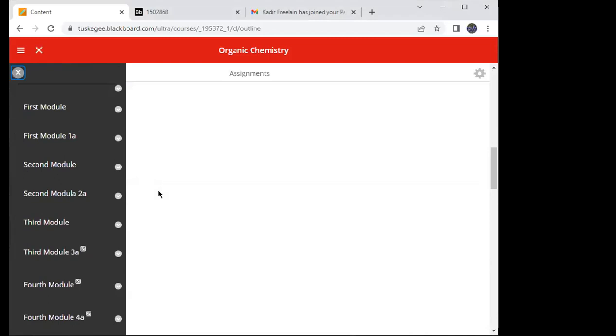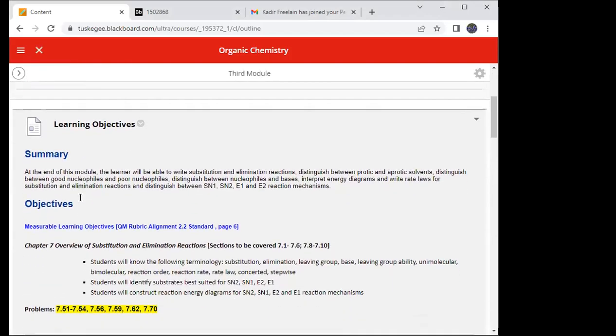If you click on the third module in Blackboard, it's the substitution and elimination. This is going to be a quick section. You're not going into great detail because we're going to see this again in part 2 in a lot of detail. So yeah, the handout is there.